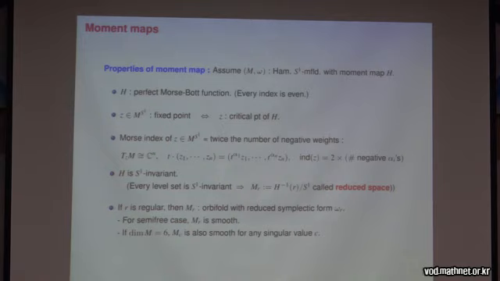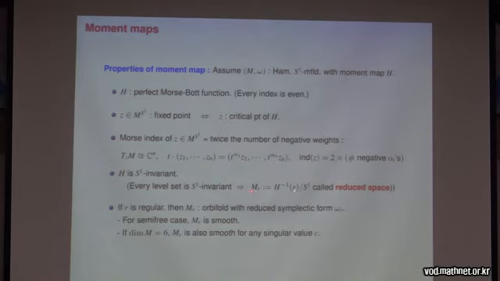The fixed points coincide with the critical point set of the moment map. And the Morse-Bott index can be computed as twice the number of negative weights. You know what the weight means here. And of course, the moment map is S1 invariant, so every level set is itself an S1 manifold.